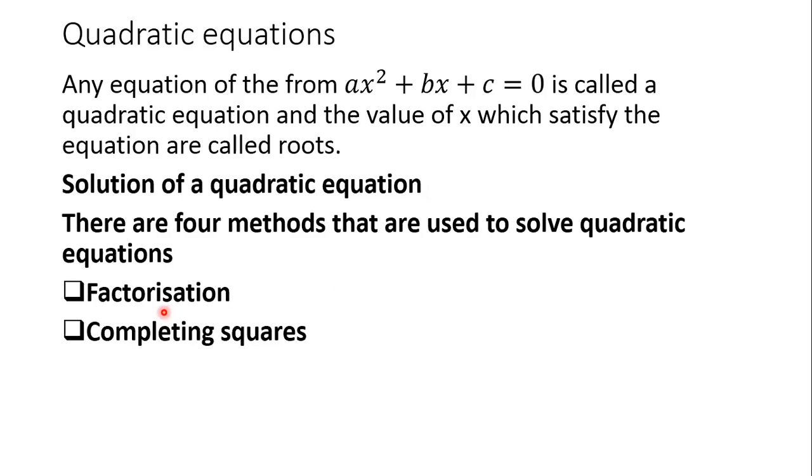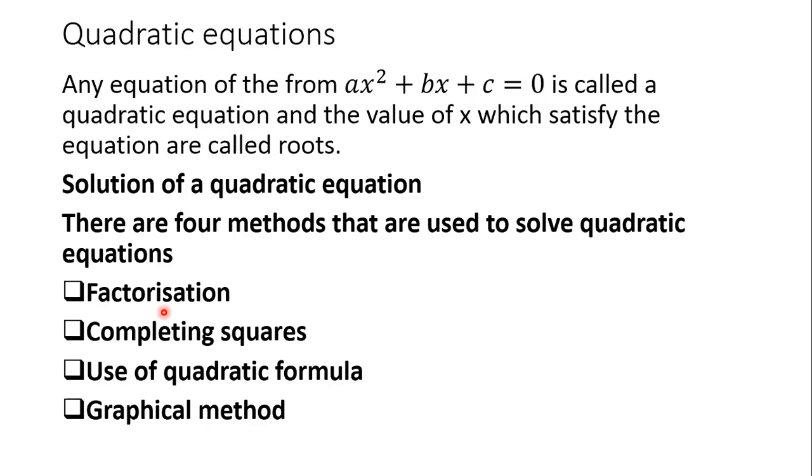We also have completing squares as a method. We have use of a quadratic formula, and then as well we have the graphical method. But for this lesson, we are going to majorly focus on factorization and completing squares.